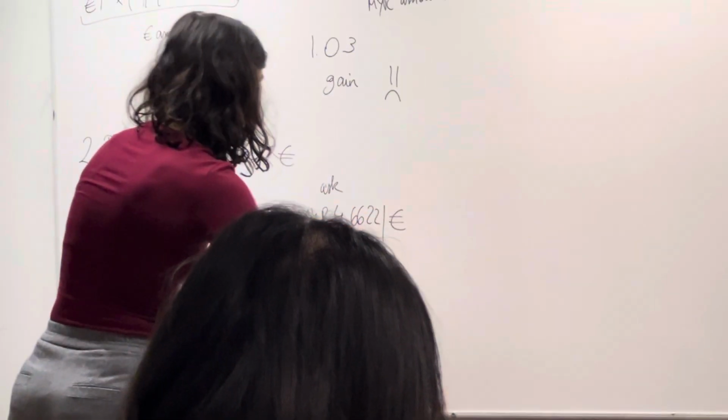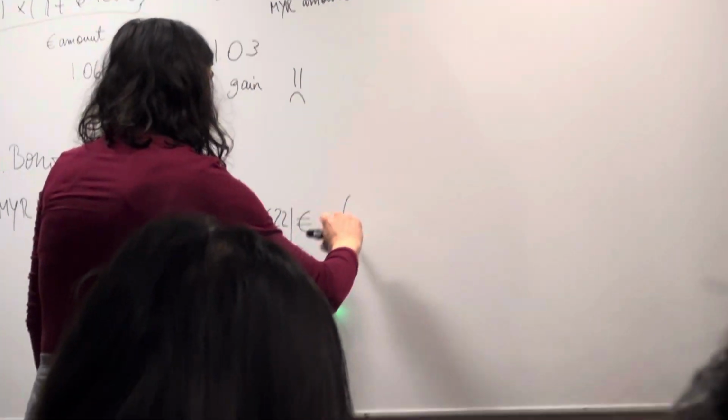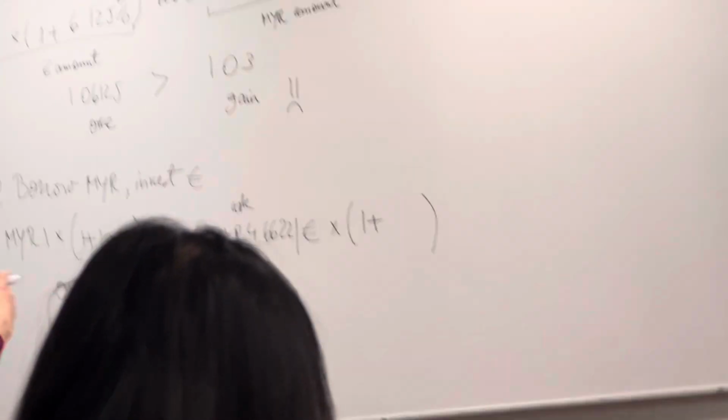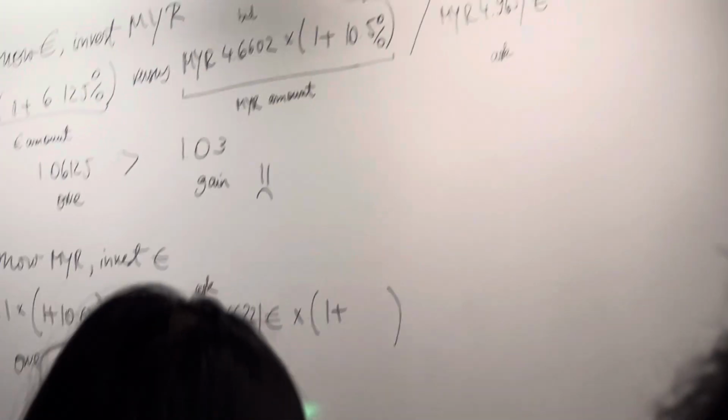Okay, and we invest for 1 year. So in this example, we don't have any transformation to the interest rate. So what is the interest rate I should use? So we're investing in euros.